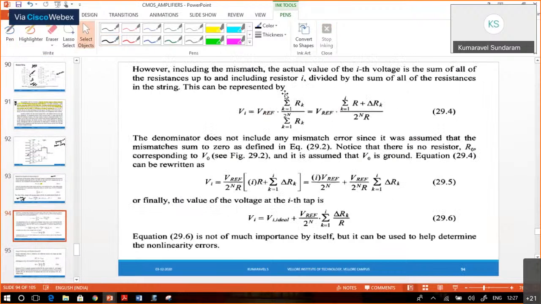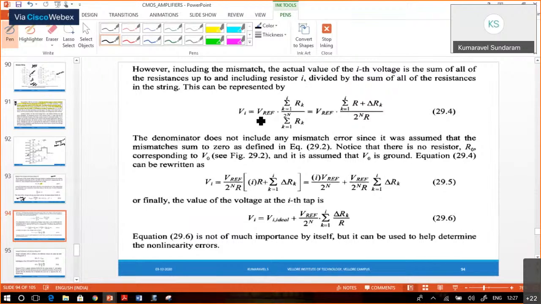So now we will include the mismatch. Including the mismatch, the actual value of the ith voltage is the sum of all the resistances up to and including resistor I, divided by the sum of all the resistors, and we have to include the mismatch available in all the resistors.